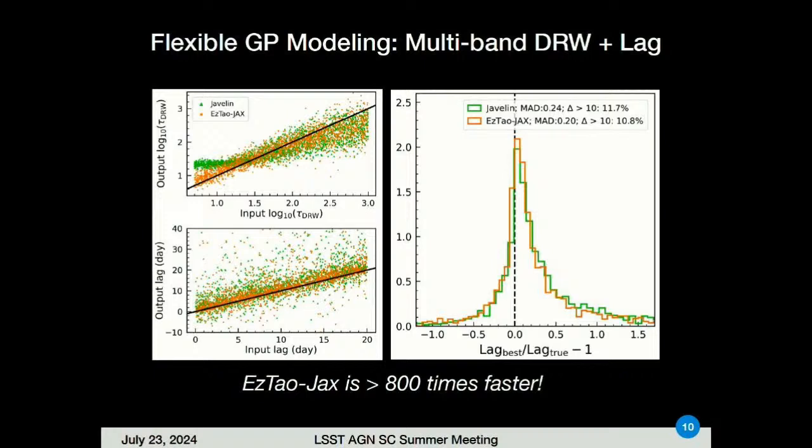Sorry if I missed this, but how are you combining the different bands? That's a good question. This multi-band kernel essentially treats all different bands as one single process, but allows them to vary in amplitude. That's how I get the correlation between the different bands.